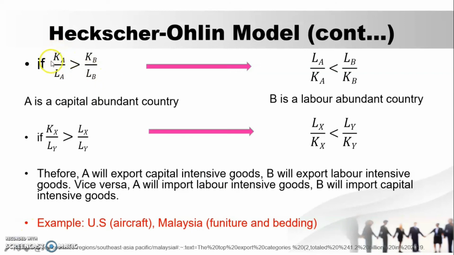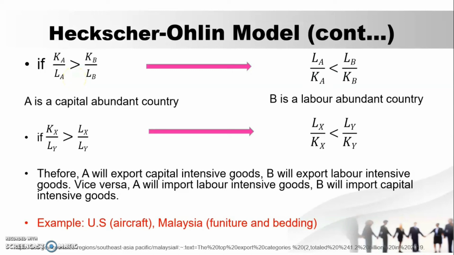Okay, as you can see, K subscript A is the total amount of capital endowment of country A. Similarly, L subscript A signifies the total amount of labor endowment in country A. This also defines the same thing, but in country B. But what does the whole ratio tell us?